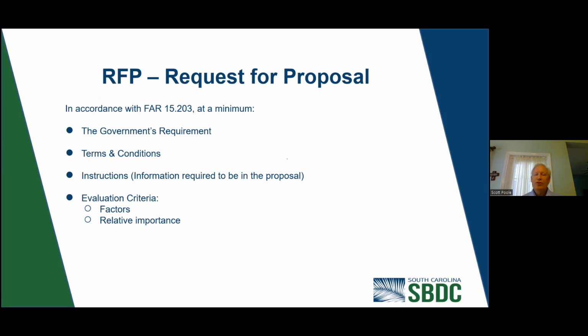Now, when you see this, there are different ones. You can have an RFP, a request for proposal. You have an RFQ, a request for quote. Sometimes you'll see an RFI, where it's a request for information. Sometimes you'll see things as sources sought, where the government's doing their market research and saying, hey, I'm looking at firms.